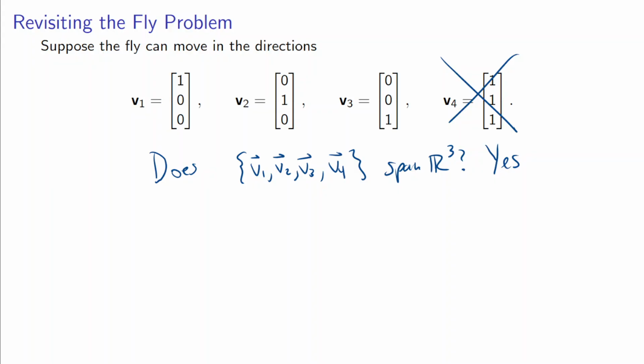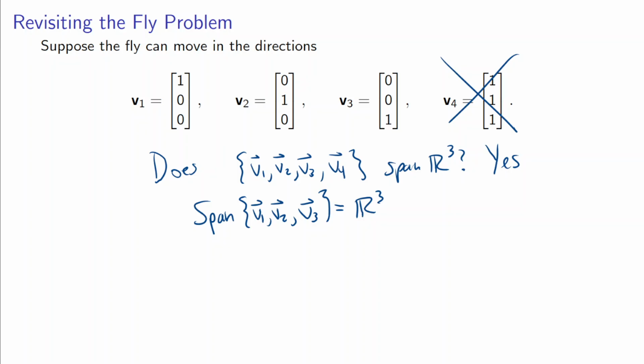Again, we don't even need v4. We can get to any vector we want or any point we want, depending on how we're viewing things, using just multiples of v1, v2, and v3. So it turns out that the span of just v1, v2, v3 was equal to all of R3. It's not too hard to see that, right?